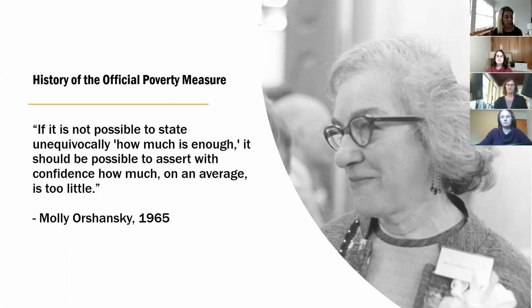Molly Orshansky presented the poverty thresholds as a measure of income inadequacy, not of income adequacy. Ultimately, the official poverty measure is a measure of how much is too little and does not provide workforce programs, for example, with a useful measure of how much families really need to meet basic needs.